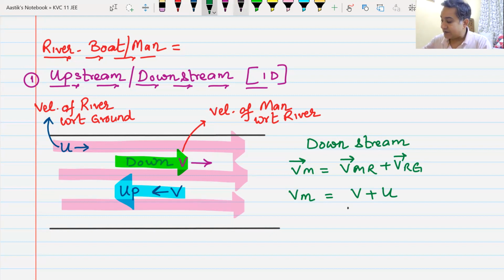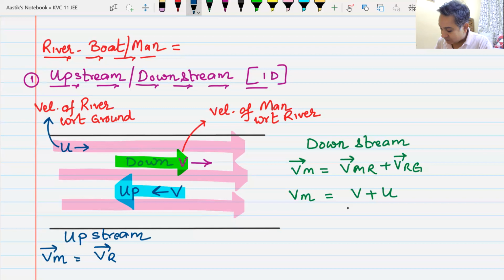But what happens when he moves upstream, my dear friends? When he moves upstream, if you again find the velocity of man with respect to ground, the formula is still the same: velocity of man with respect to river plus the velocity of river.